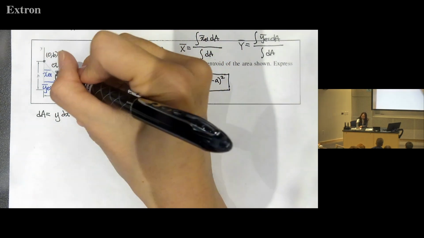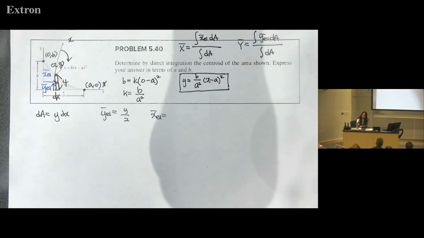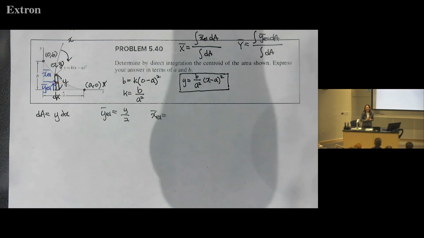If this is x, its left side is x. Instead of the right side, here a minus x. So there's this distance. It's kind of an inverse approach.